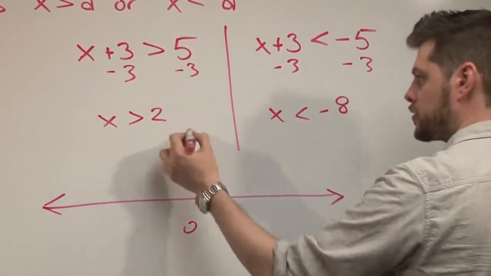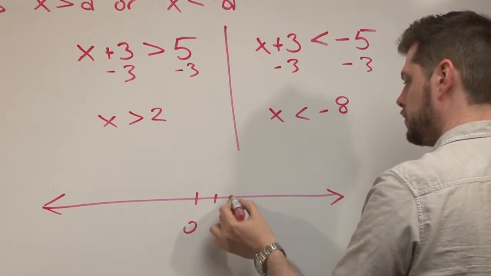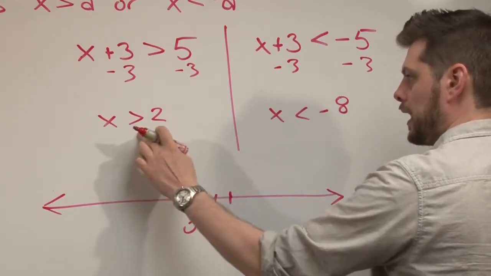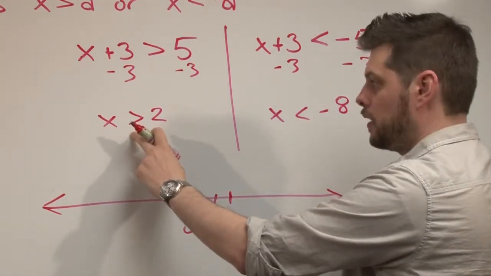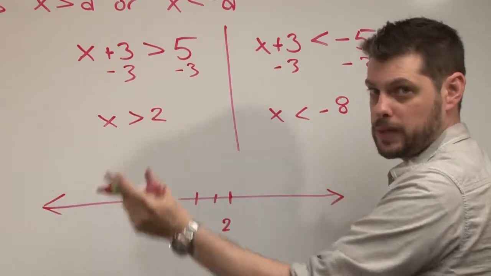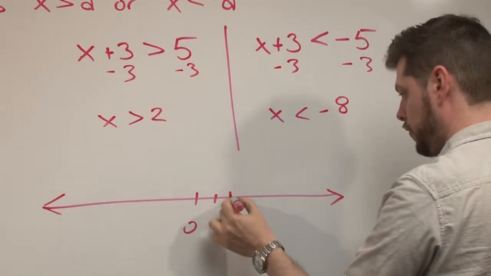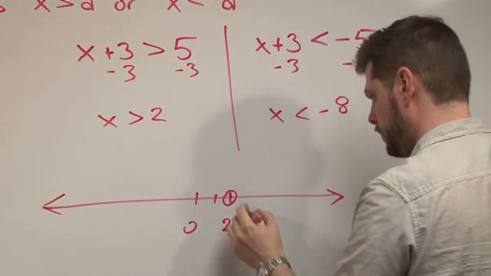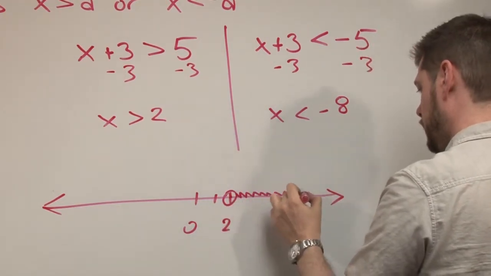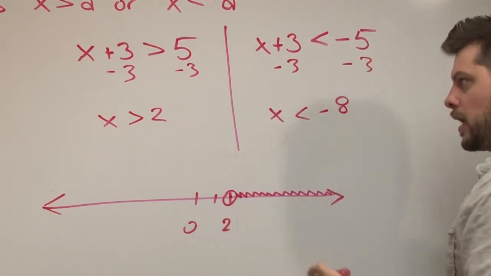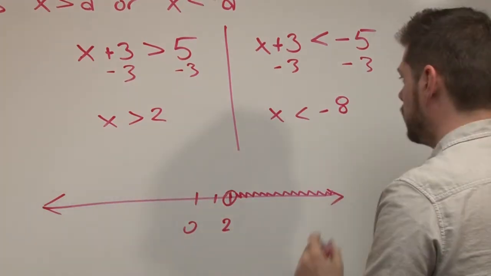Where we have x is greater than 2, so I come out to 2. And again, it's a strict inequality, which means we can't fill in our point, we have to circle it. So all these numbers that are greater than 2 satisfy the first half of our inequality.